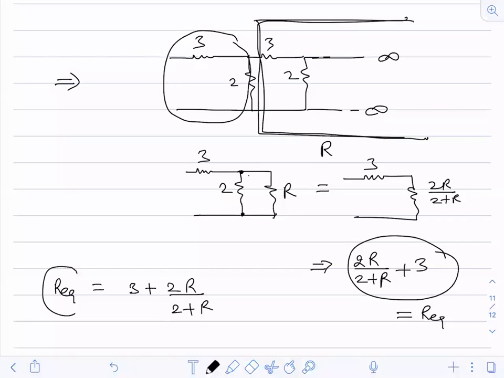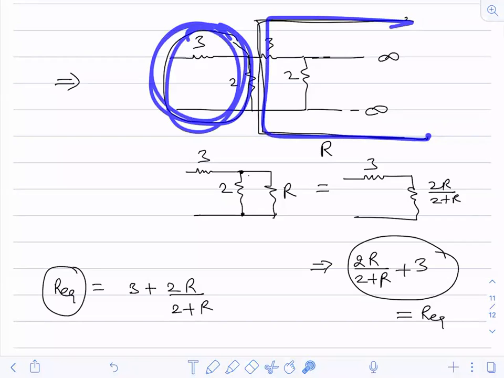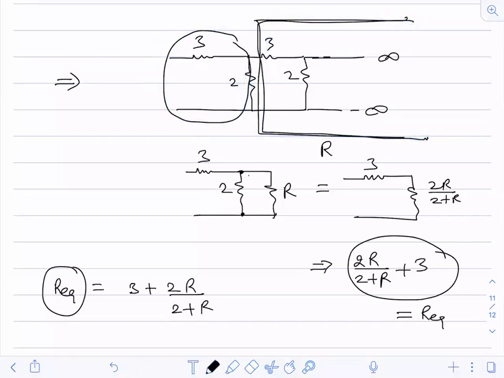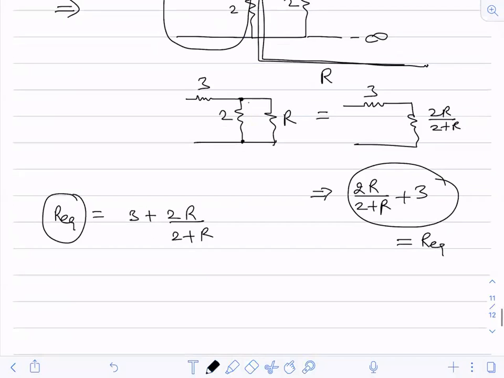This complete portion that I assumed as the infinite series has some resistance R. In this infinite combination of resistances, if I add a small thing, it is not going to affect the value, because compared to infinite, adding something is very small. So this equivalent resistance is nothing but R only. This is the only important thing you had to understand here.